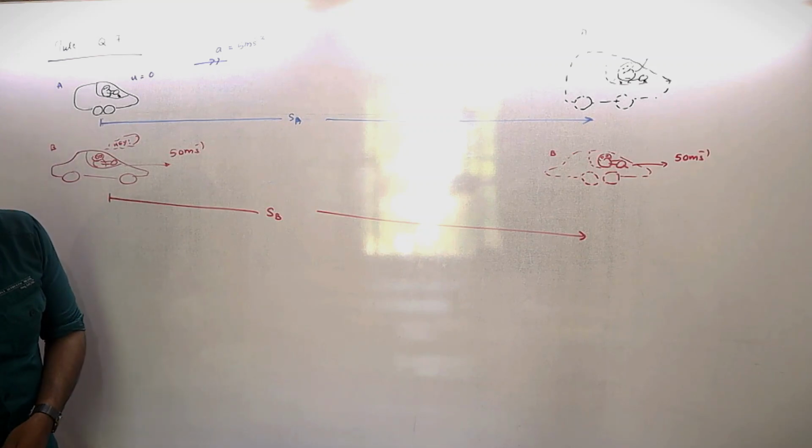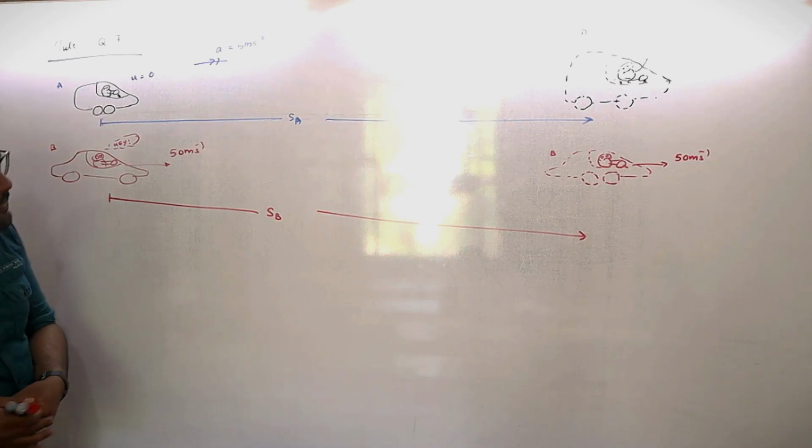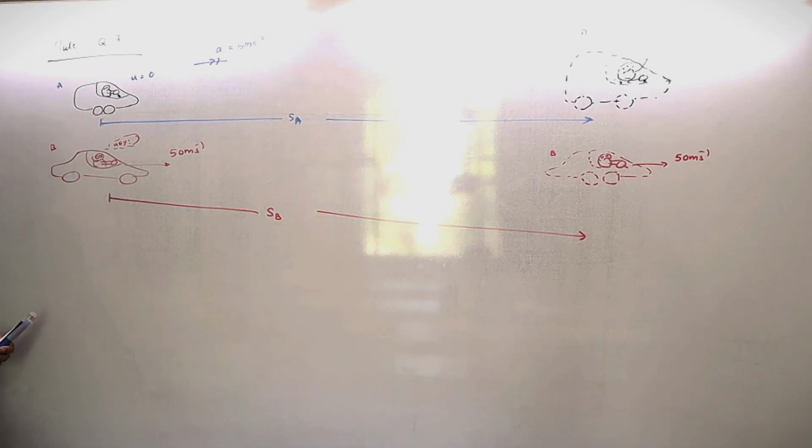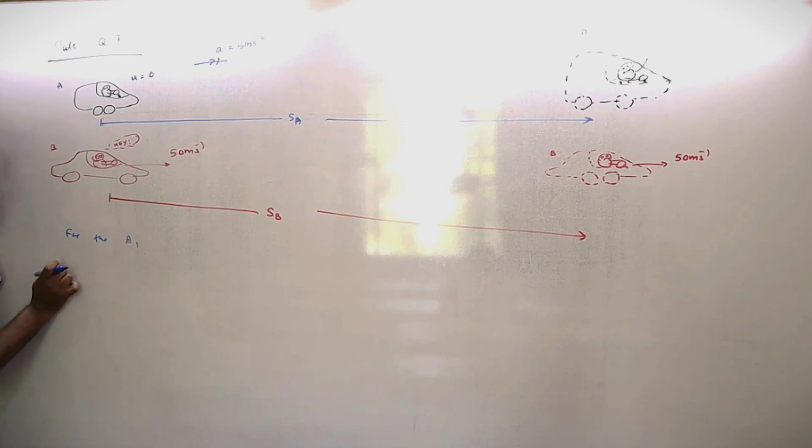First thing it is asking, calculate the distance traveled by the A, which means the SA we need to find out. Or SB and SA are both equal, right? Then for the A, I can apply. Let's try the data first. What are the data that you know? U we know. Initial velocity is 0. What else?